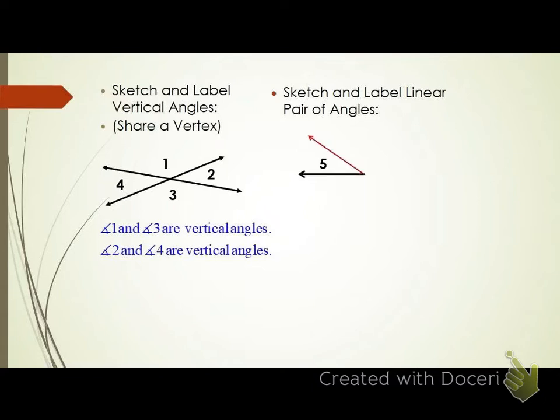For your linear pair, all you need to do is create two angles that share a side and form a straight angle. And again, because it forms a straight angle, we can tell if two angles are going to be a linear pair. So 5 and 6 here are going to be a linear pair. We don't have to do anything to establish those as being vertical angles or linear pair. We can just say they are.